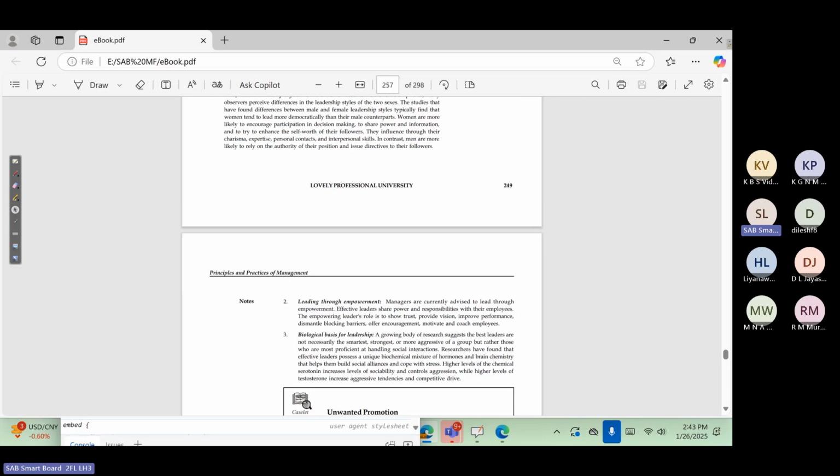Researchers have found that effective leaders possess a unique biochemical mix of hormones and brain chemistry that helps them build social alliances and cope with stress of juniors also. Higher levels of the chemical serotonin increase levels of sociability and control aggression, while higher levels of the testosterone enzyme increase aggressive tendencies and competitive drive. These are based on neuroscience.